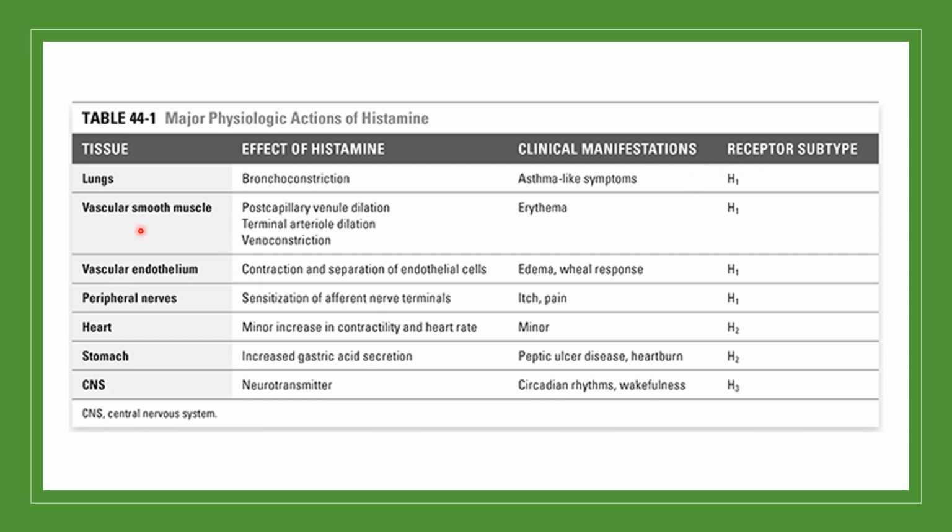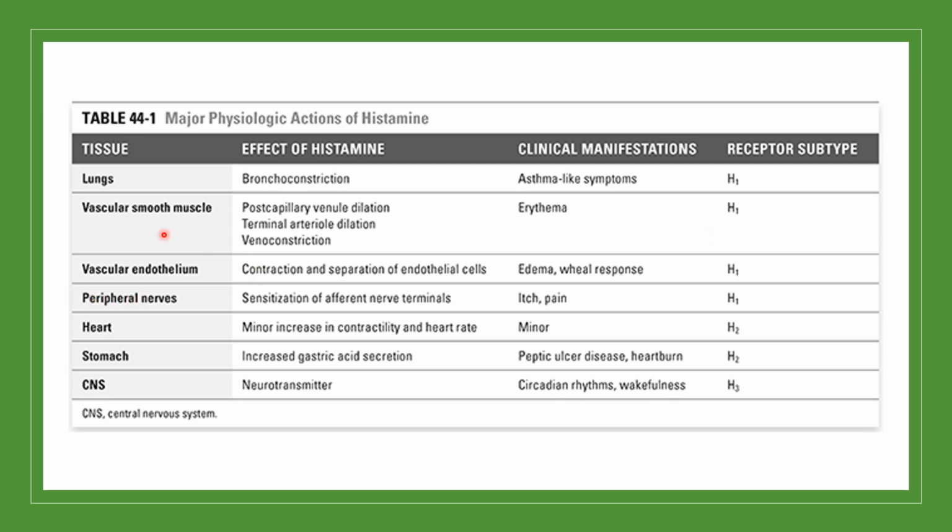For the vascular smooth muscle, it induces dilation of the postcapillary venule and the terminal arteriole, and venoconstriction. It is manifested clinically as erythema, and this is mediated via the H1 receptor.